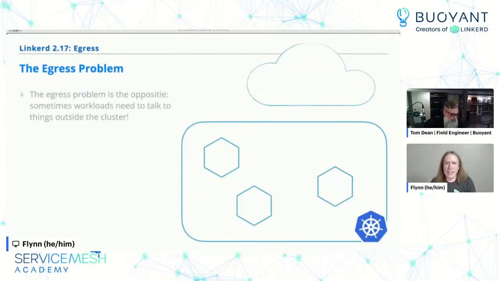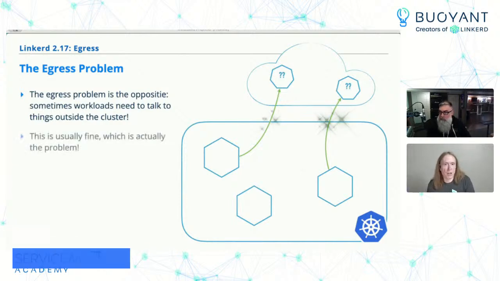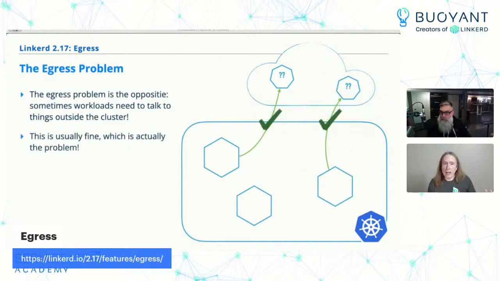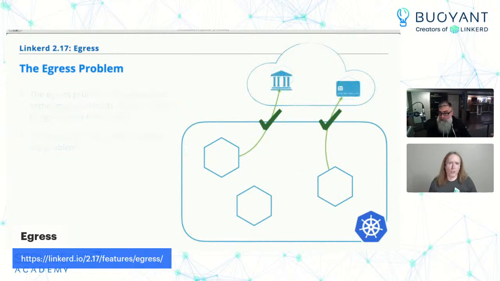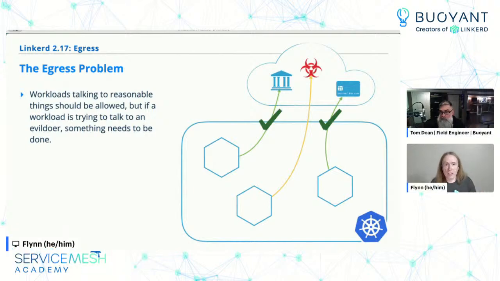Now, the egress problem is kind of the opposite, where you have workloads that will sometimes need to talk outside the cluster. Generally, this is allowed, which is in fact the egress problem, because if you have workloads that are talking to good things outside the cluster, fine. But if you have workloads that are talking to evildoers outside the cluster, that is a lot less fine, and you need to do something about that.